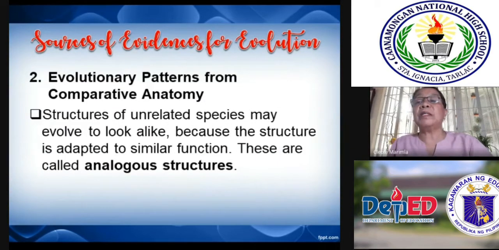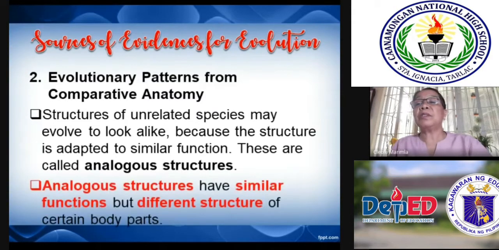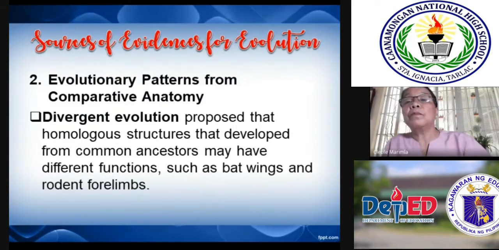Structures of unrelated species may evolve to look alike because the structure is adapted to a similar function. These are called analogous structures. Analogous structures have similar functions but different structure of certain body parts.